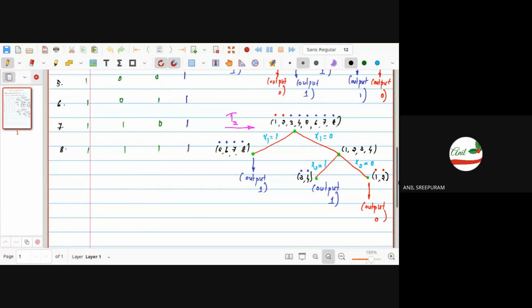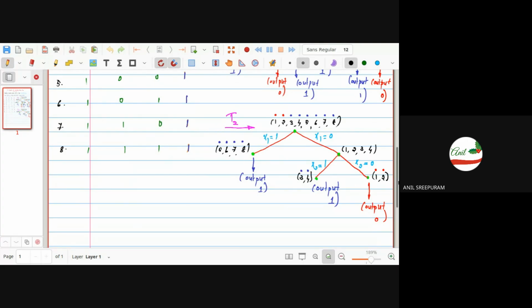The left child of the root node is now associated with samples of uniform type, so it can be treated as a leaf node which outputs category 1. Accordingly, for x1 equal to 0 you have samples 1, 2, 3, 4, where 1, 2 correspond to category 0 and 3, 4 correspond to category 1. I forgot to put the dots there for the right child.